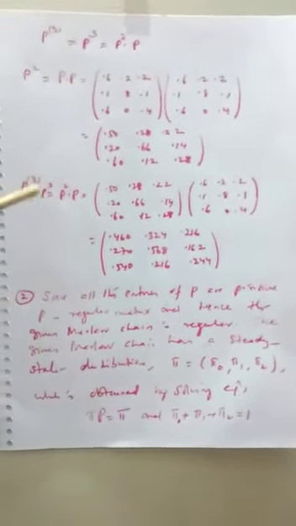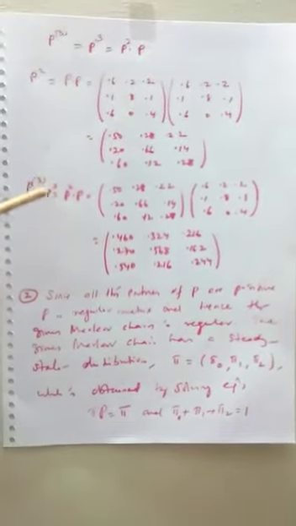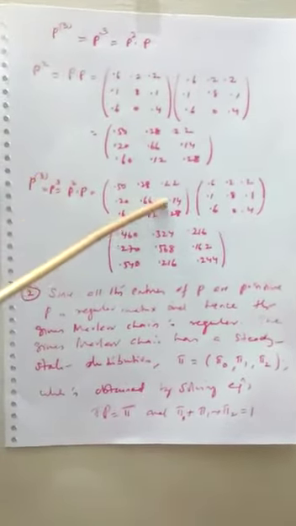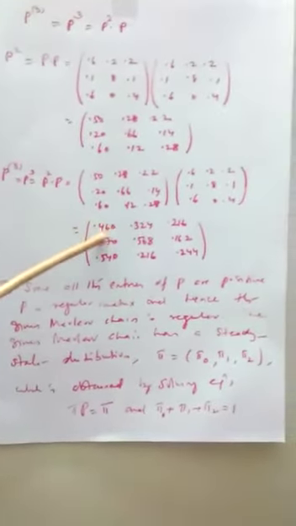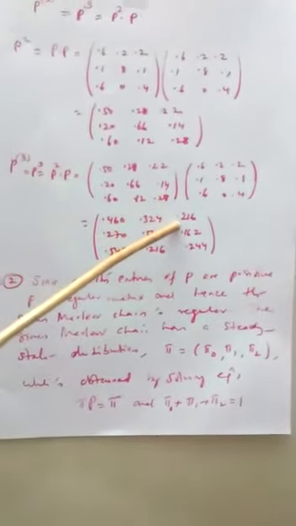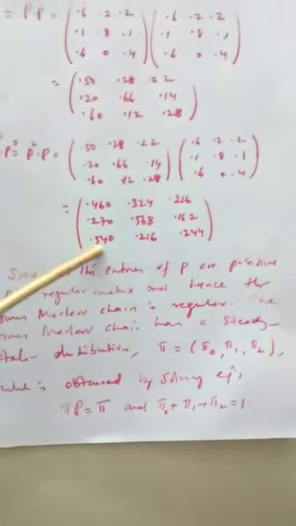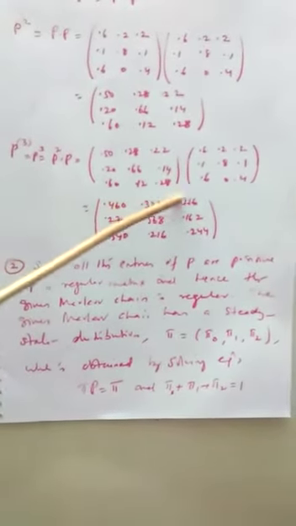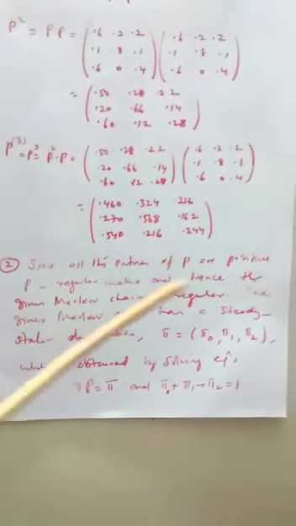Now the third step transition probability P of 3, that is P cube, is P square into P. Simplifying this matrix, we get 0.460, 0.324, 0.216, 0.270, 0.568, 0.162, 0.540, 0.216, 0.244. Here the first row sum is 1, second row sum 1, third row sum 1. This is the property.